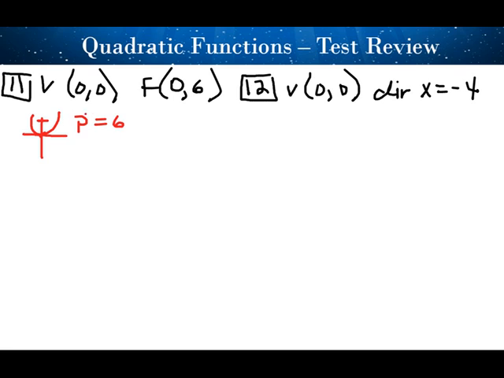So these are the pieces of information that I need, because in order to do this, I know it's going to be y equals x squared. Now, normally we have a formula that has the 4p and the x squared in the formula. Okay, so what I need to do is put 6 in for the p.